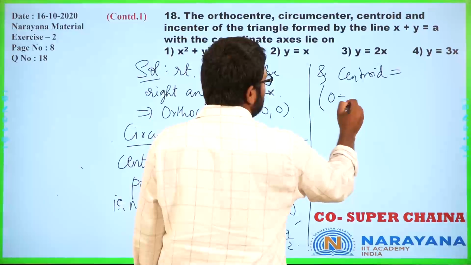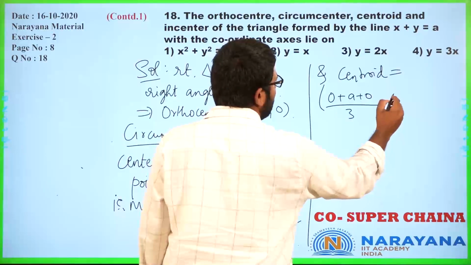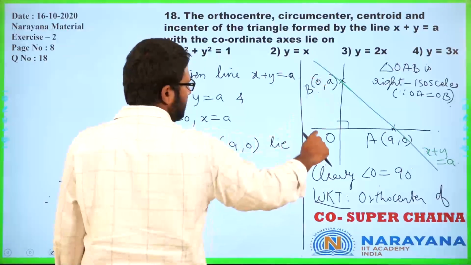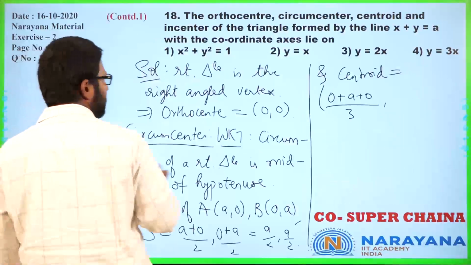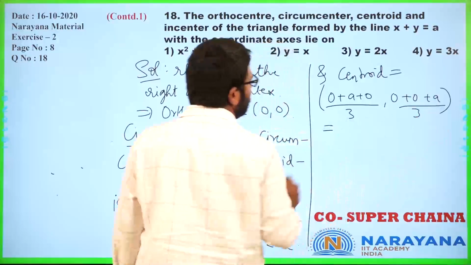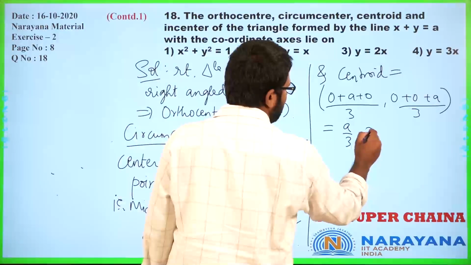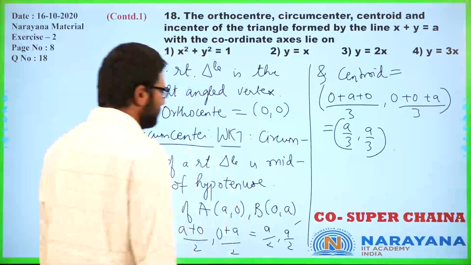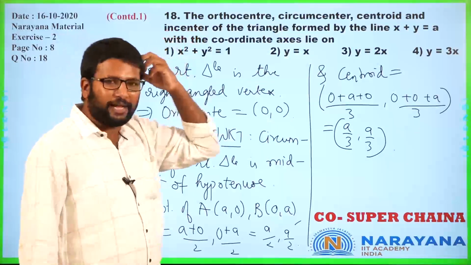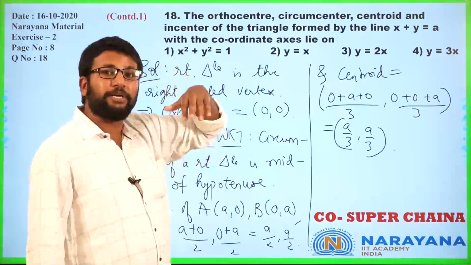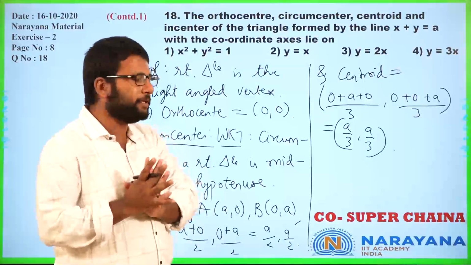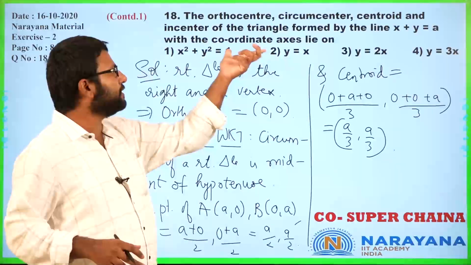Which means 0 plus A plus 0 by 3 comma 0 plus 0 plus A by 3, which is A by 3 comma A by 3, right? So we know 3 points on the line. For incenter, again there is no formula, and the process to figure out incenter is much longer, which you will do when you get to straight lines chapter. So with these 3 itself, we can actually figure out what is the answer.